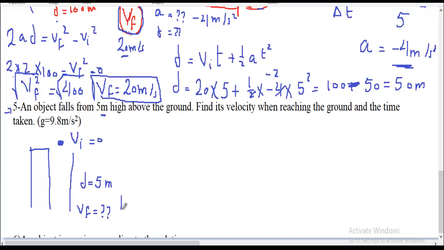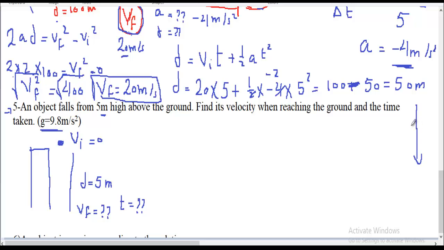Here he needs the time taken and the final velocity. So the acceleration here is the gravitational acceleration, which is 9.8 meters per second squared. When a body is falling, it will acquire acceleration as its velocity increases with time.